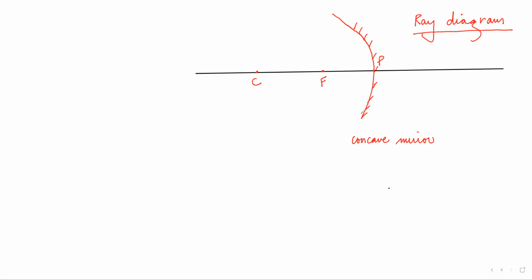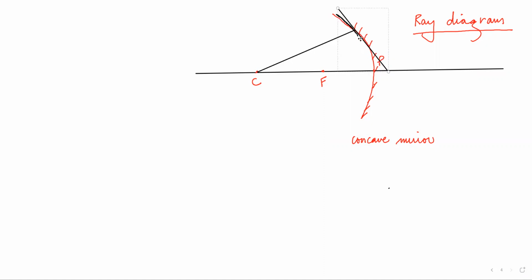If this is the inner portion of the sphere and this is the center of the sphere, then if I project a line from C, it is just like the radius. Am I right? And this line will be just like the tangent.